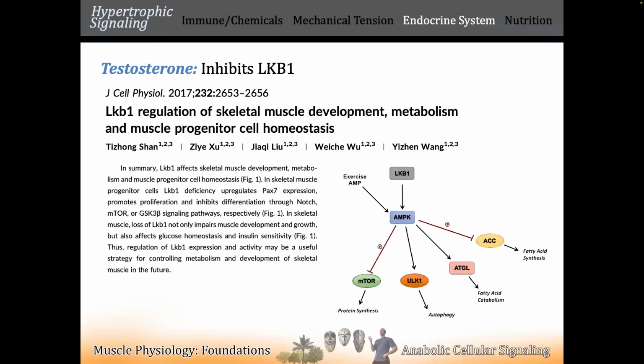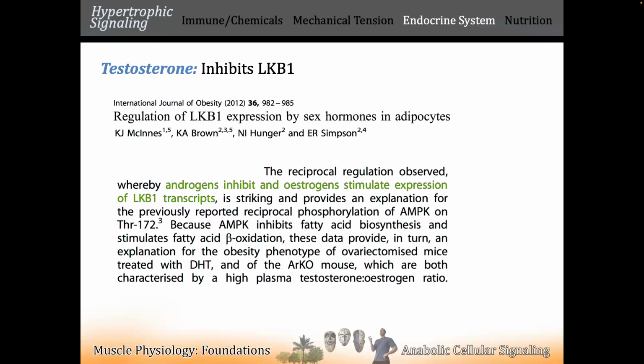Too much LKB1 activity, catabolic. But knockout conditions don't really appear to be anabolic. Regulation does need to be maintained, but LKB1 is the activator of AMPK, and AMPK is extremely catabolic. It turns off protein synthesis and it turns on protein degradation.